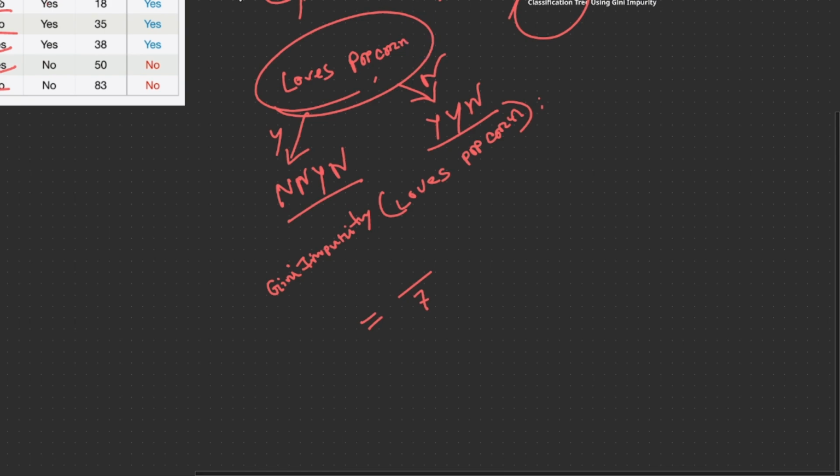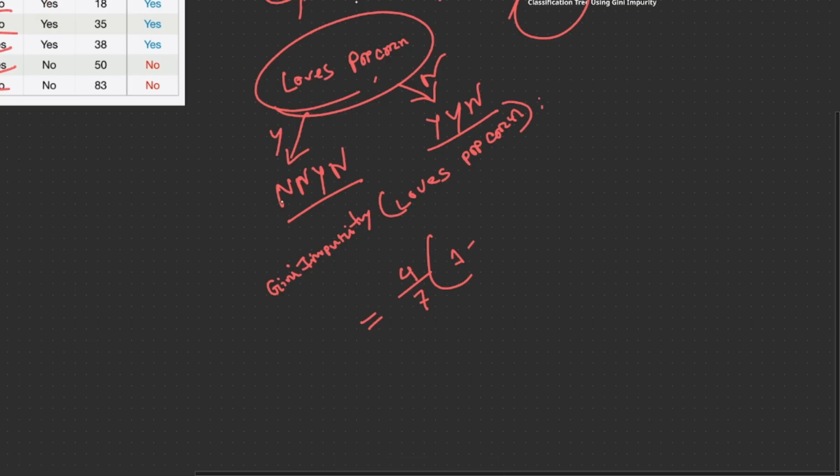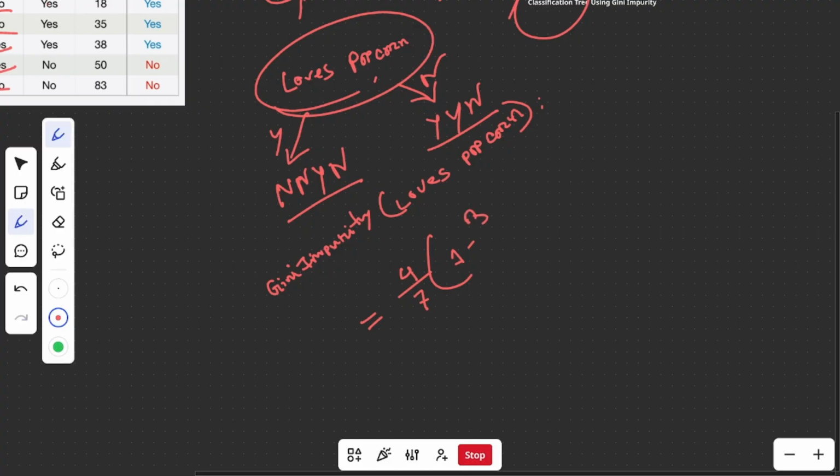Now we will count this for yes. There are 1, 2, 3, 4, 4 attributes total, and 1 minus, what is the count of no here? 3.